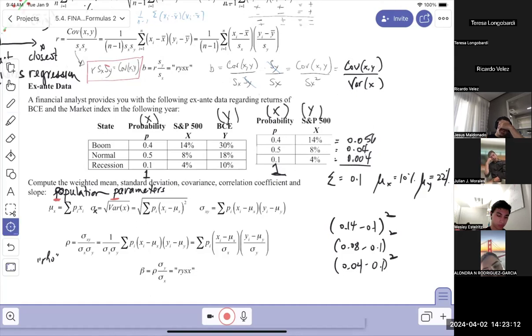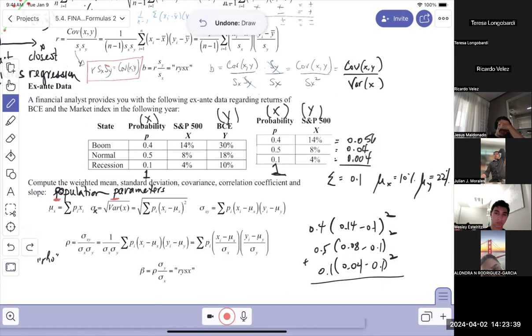I'm transcribing from here, and these are just the means that I calculated. Now I have to pre-multiply by 0.4, 0.5, and 0.1, add them together, and what do I get? I will get the variance of x, or sigma squared x.